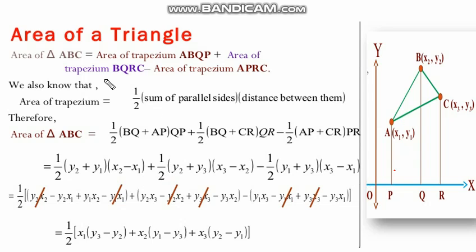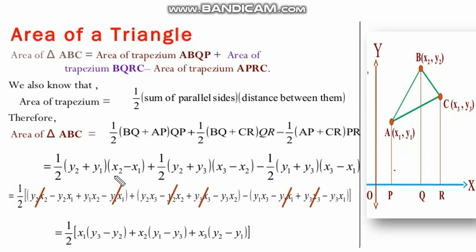So trapezium BQRC is half into y2 plus y3 into x3 minus x2, minus the area of trapezium APRC, which is half of y1 plus y3 into x3 minus x1. We found the areas of these two trapeziums using the same method.